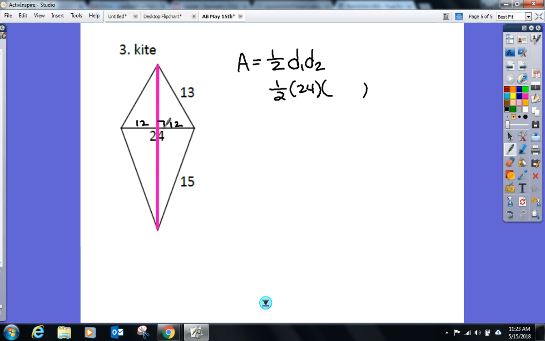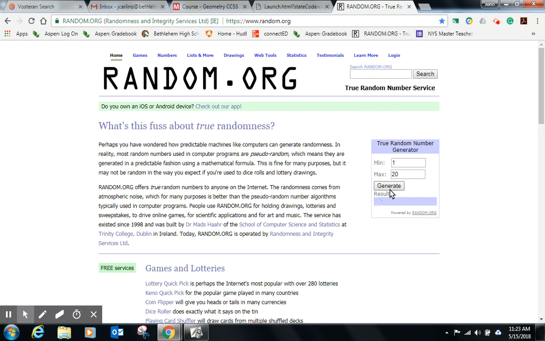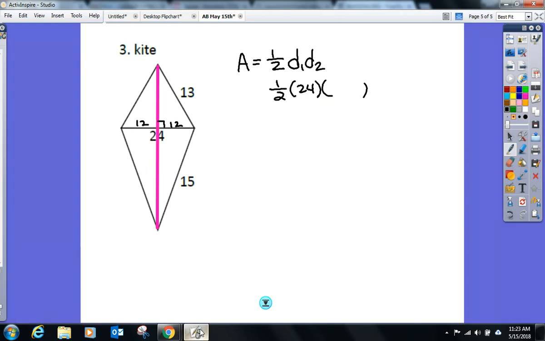And that allows me to use what to help find part of the diagonal? Pythagorean Theorem. Okay. You want to set one up for me, Max? Yep, a squared plus b squared.